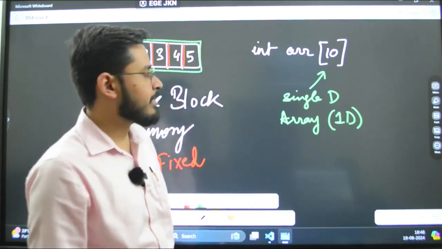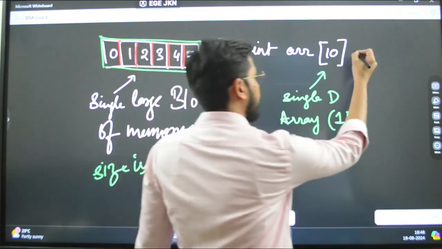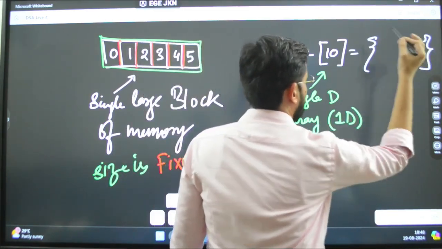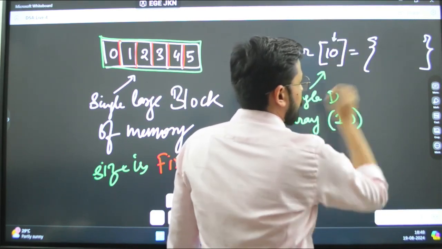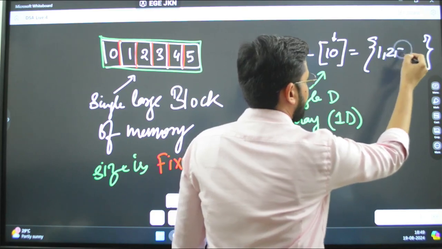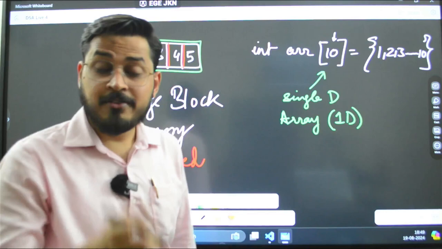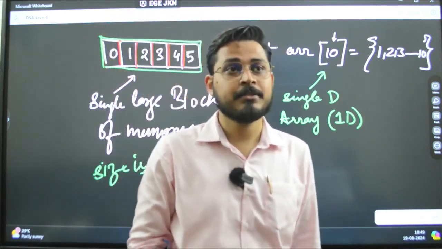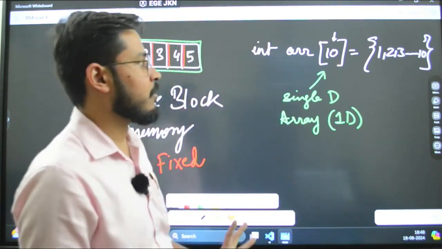So, this is your single dimensional array or 1D array. You can say equals to, and a bunch of numbers here, and those numbers will be not more than 10. So, I can say 1, 2, 3, and so on till 10, because I started from 1. If I would have started from 0, I would have gone till 9, not more than that. But I hope you got my point.